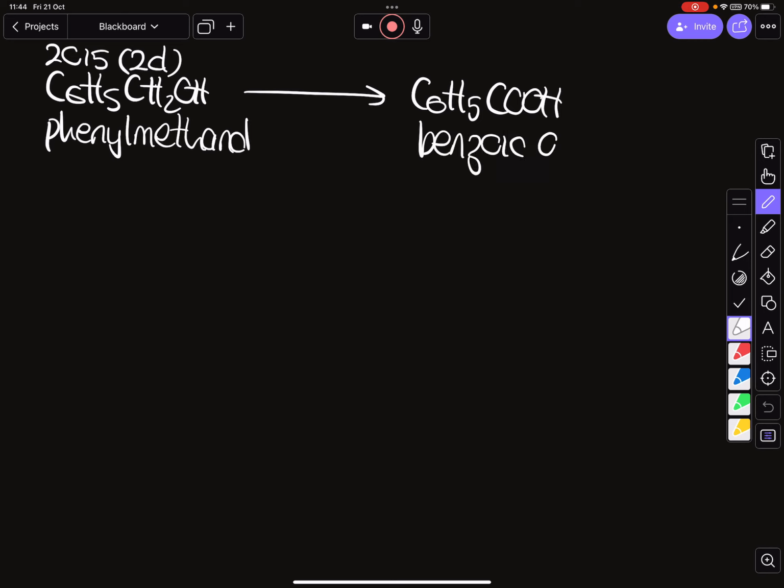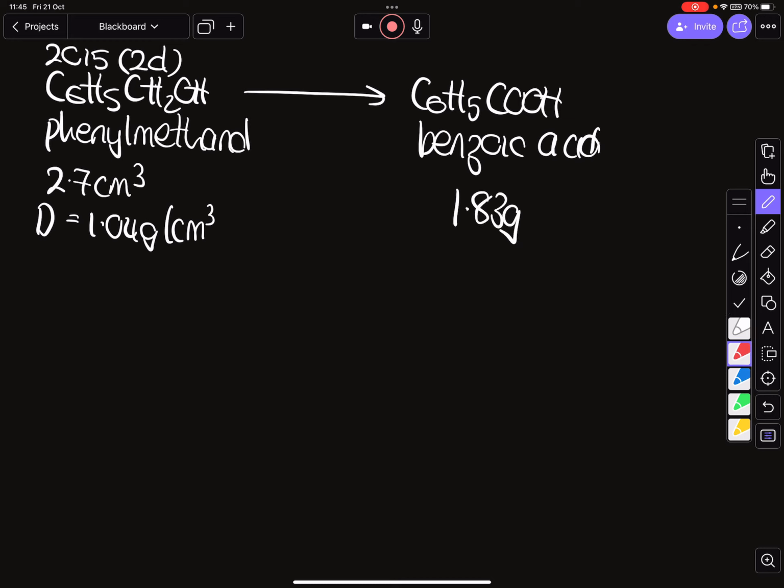acid. So the info from our question is we have 2.7 centimeters cubed. We have a density of 1.04 grams per centimeters cubed, and we have obtained 1.83 grams of benzoic acid. So straight away over here, because we've given us something over here, this is an actual yield.